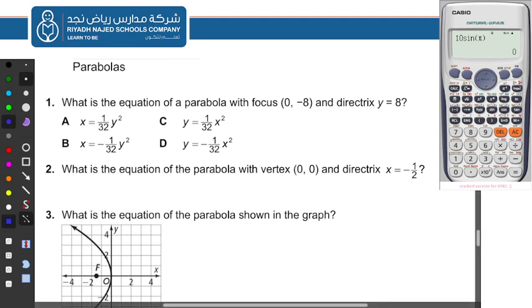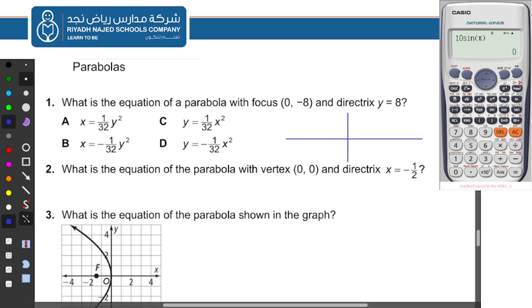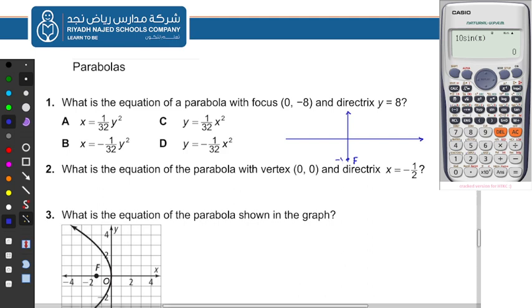We cannot draw it precisely, of course, but we start by drawing what is known here. So let's suppose this is the coordinate system. The focus is 0, -8, and x is 0, so 0, -8 is somewhere here. Say this is -8.